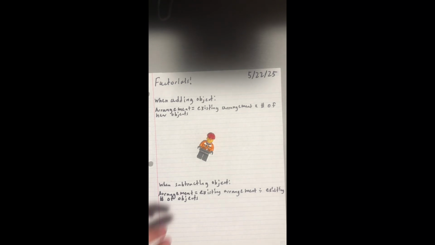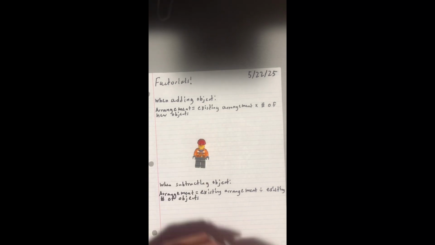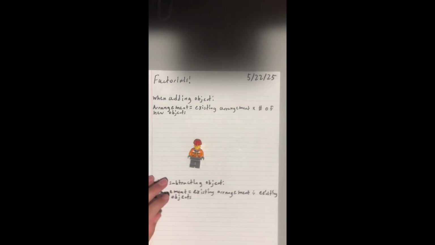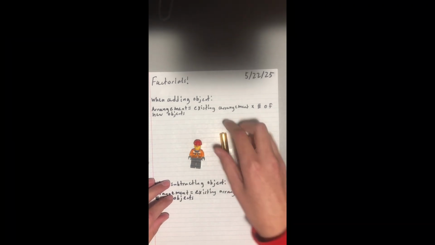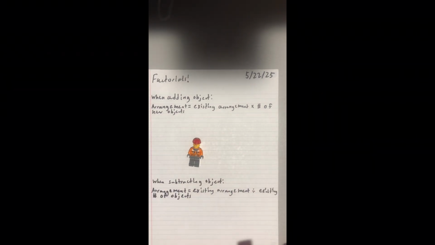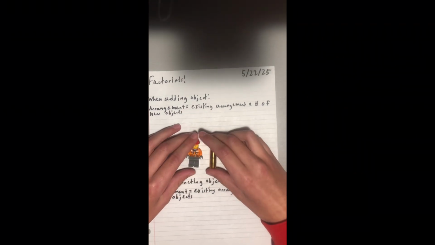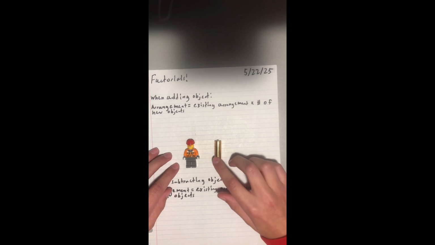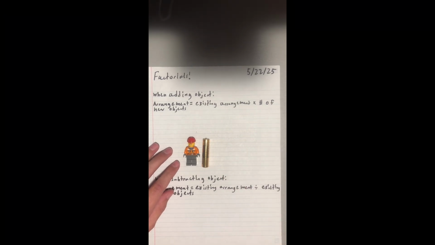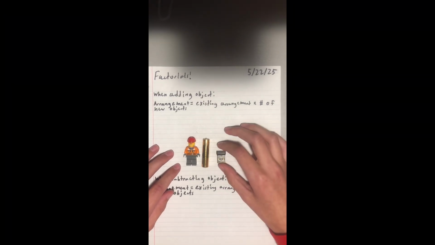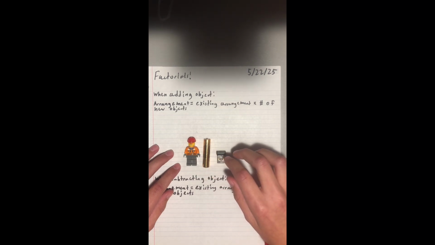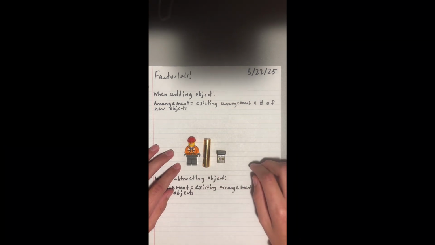This basically means every time you increase one object, the amount of arrangements is built up by multiplying. For 2 objects, it's 1 times 2, which is 2. If we add another object, it would be 1 times 2 times 3, which is 6.